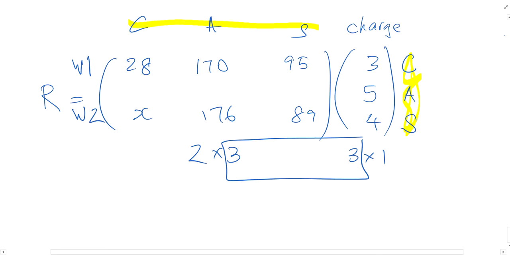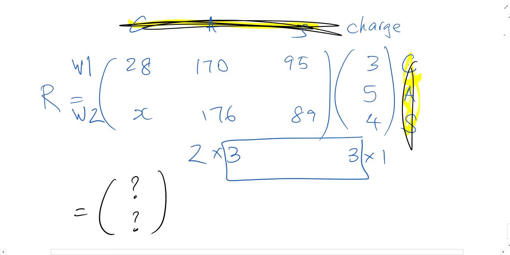So our final matrix looks like this. Something over here, something over here. 2 by 1. And what are the headers that are left? Since I do have the CAS, do have CAS rate. What other headers are left? Charge. Must be here. Then this must be week 1, week 2. So what do the elements represent in matrix R?